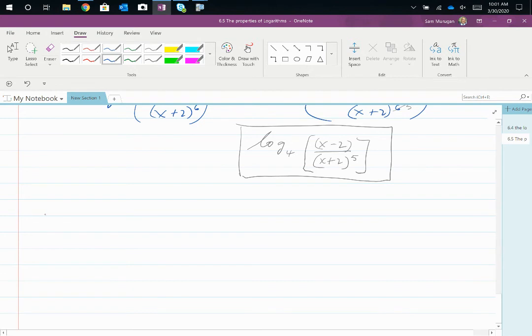One final example. ln of x over x minus 9 plus ln of x plus 9 over x minus ln of x squared minus 81.